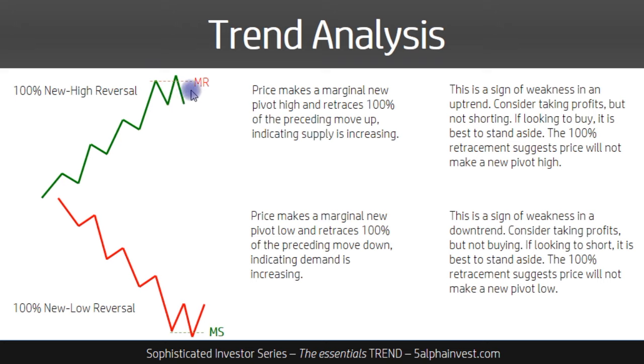So this is our first trend transition. Okay, so it's an indication that supply is increasing. As we move over here, this is a sign of weakness in an uptrend. Our approach to this would be to consider taking profits, but we're not wanting to short because this most recent pivot low hasn't been violated.